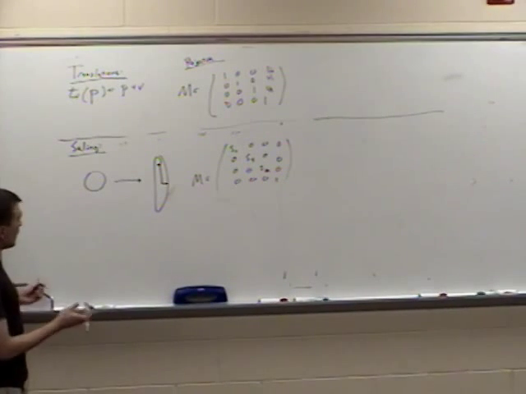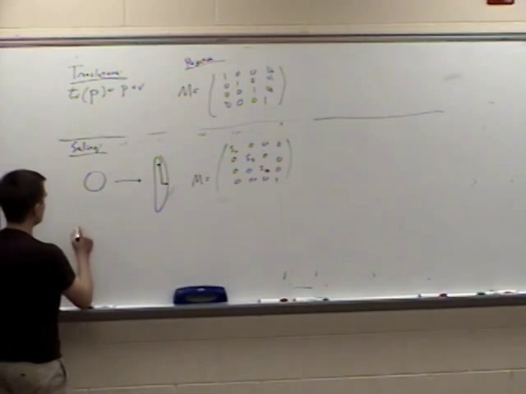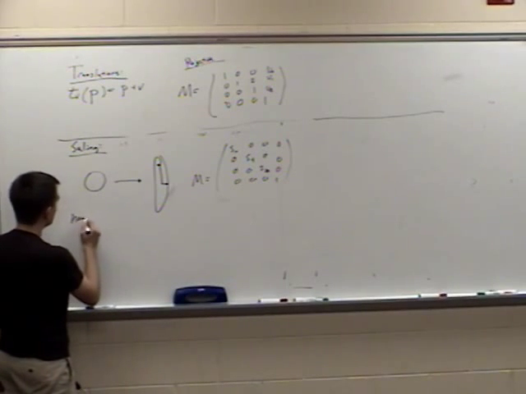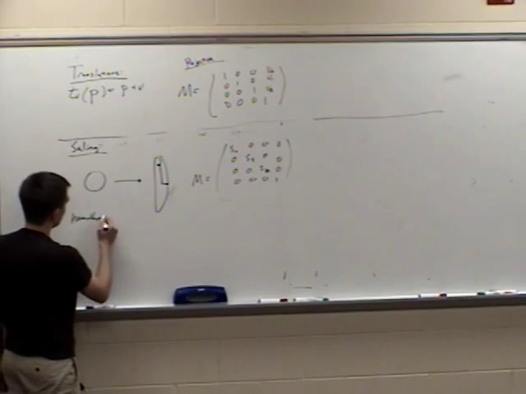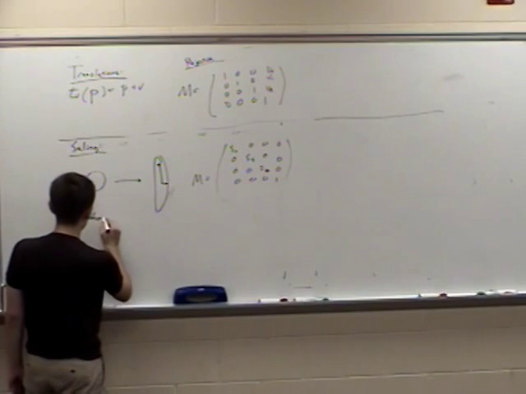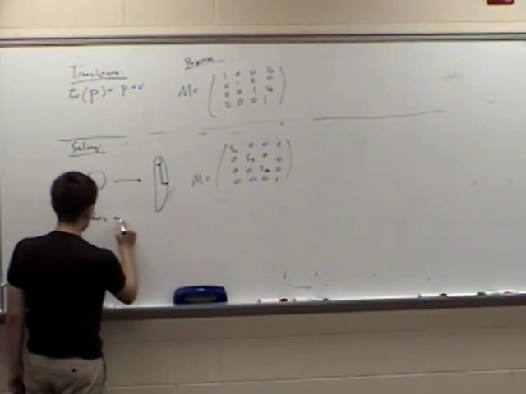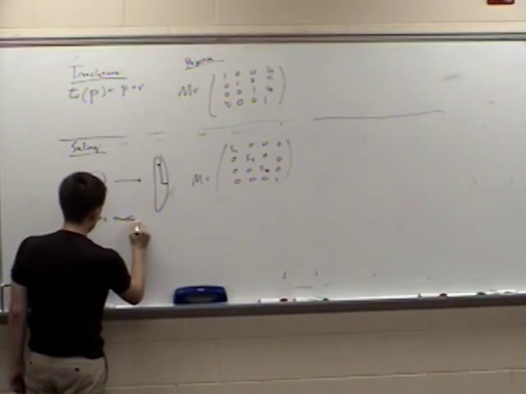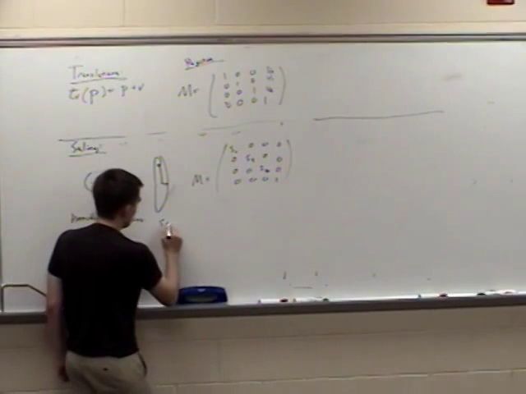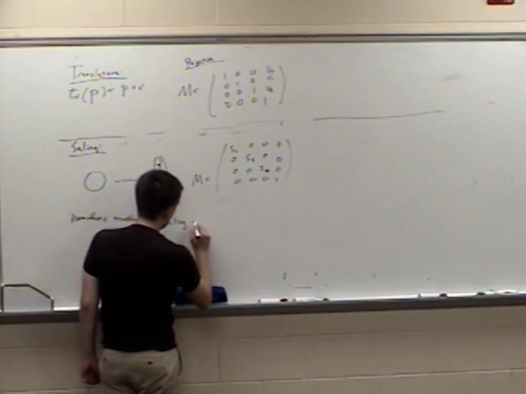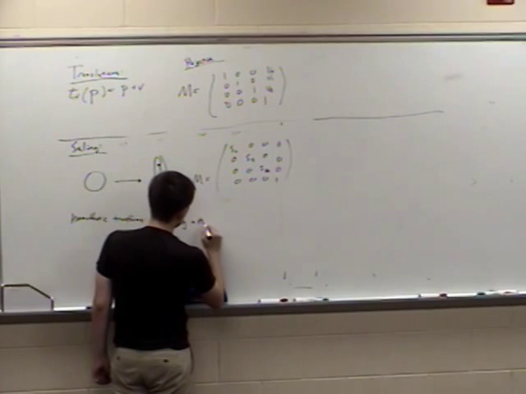And if you combine scalings and translations, you get these things called homotheties, or homothetic transformations, which are basically just scaling plus translation.